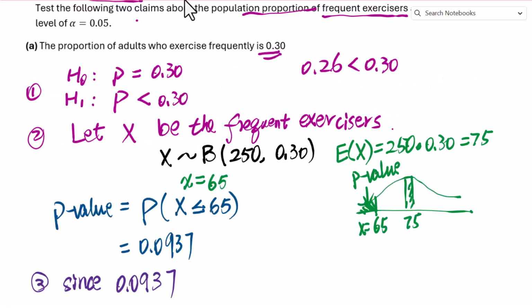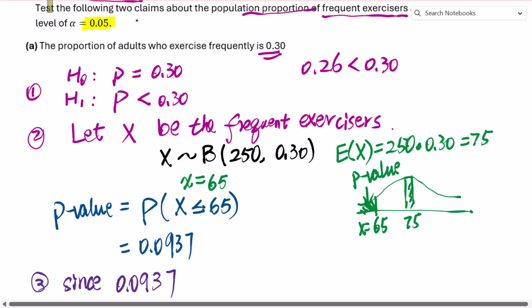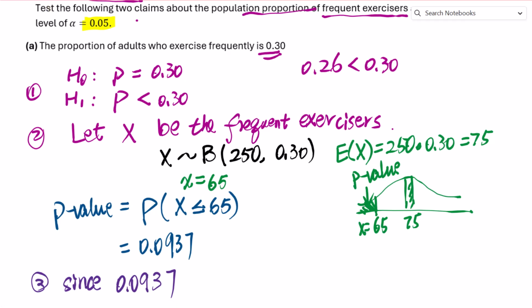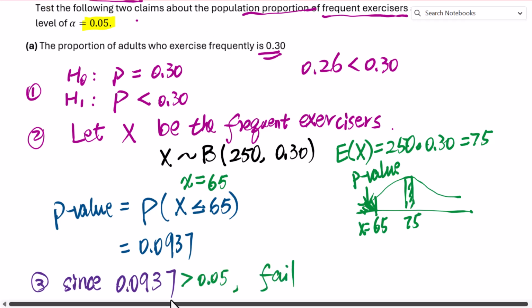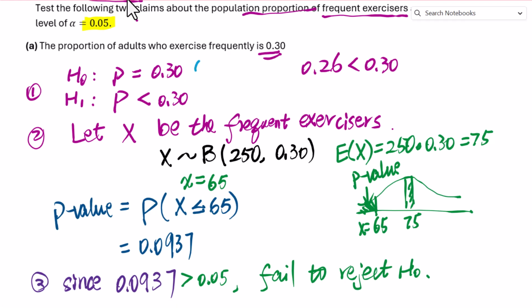Third step, draw the conclusion. Since 0.0937 is greater than 0.05, the significance level, fail to reject H0. Let's check which one is the claim. This is the claim.